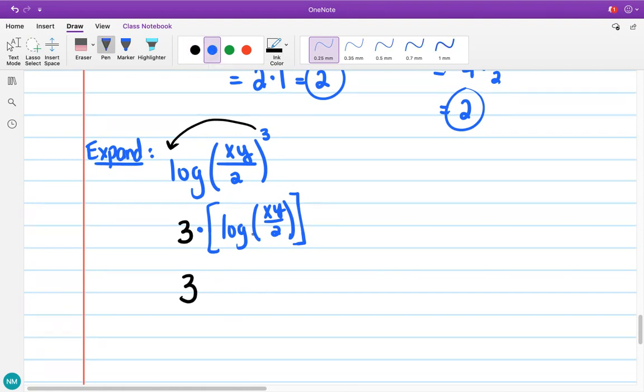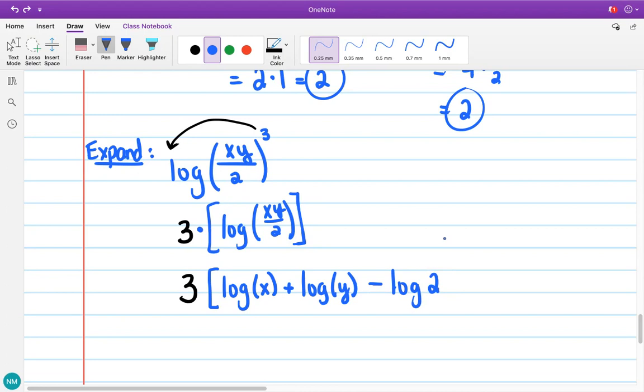Now I'm going to expand this. This is saying log of x plus log of y, right? That is your numerator, minus log of 2. Now, if you're given a problem, you know what, I'll even change this for a second, just so you can see how it would react when it's something that changes.